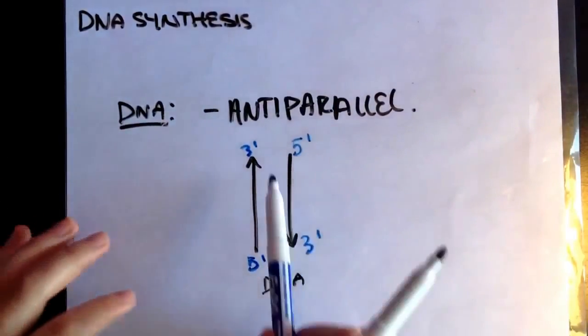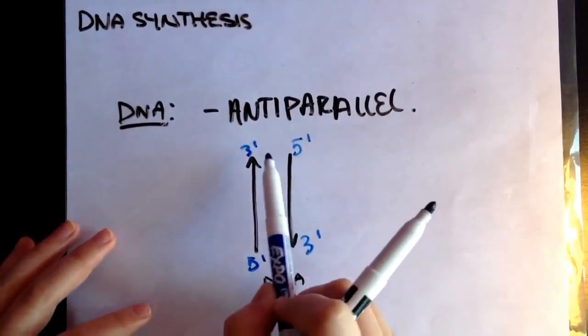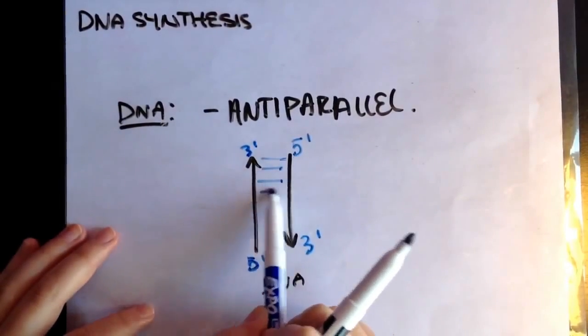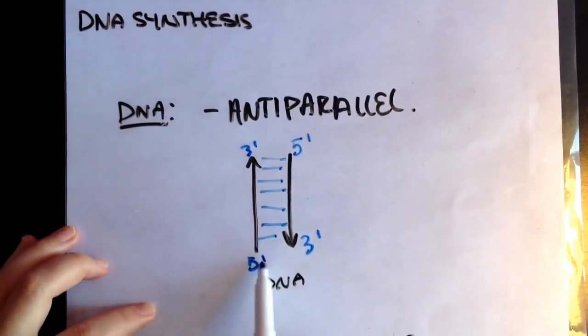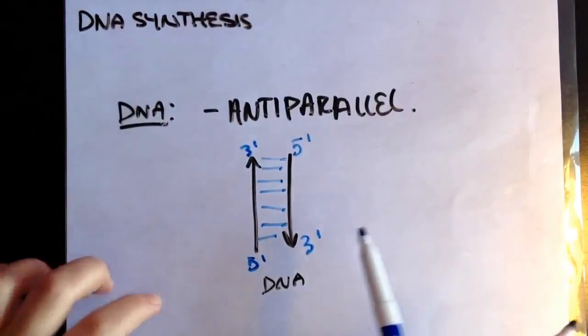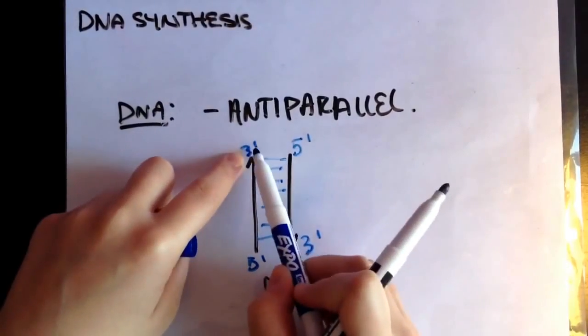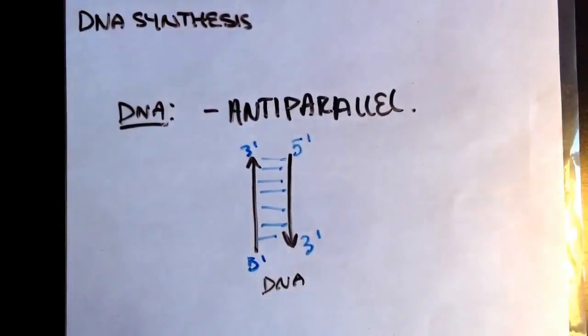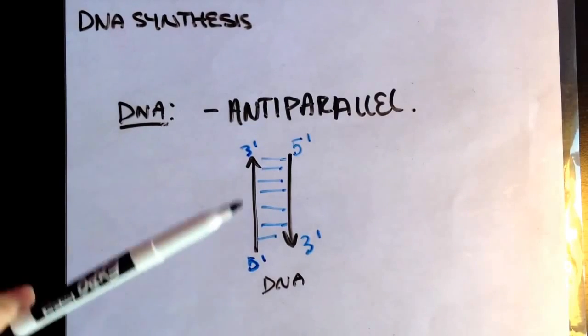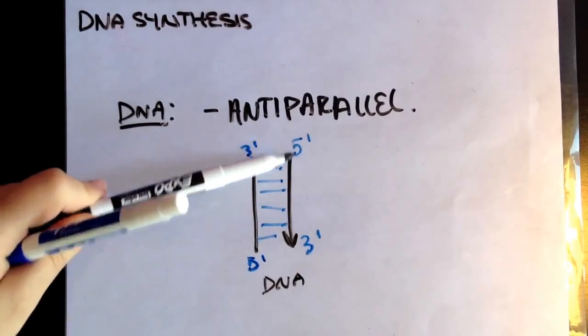So imagine this is my DNA strand and I have my base pairs attaching to each other. This is one strand, this is the other, and this whole thing makes up a DNA helix, right? So if I have one strand being a 3', the opposite strand is going to be the 5'. And so that gives you an idea of the anti-parallels. Hopefully that makes sense. It's pretty straightforward, right? So 5' to 3' going up, 5' to 3' going down.